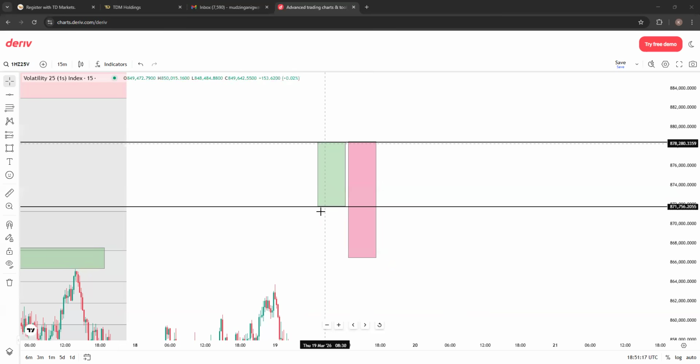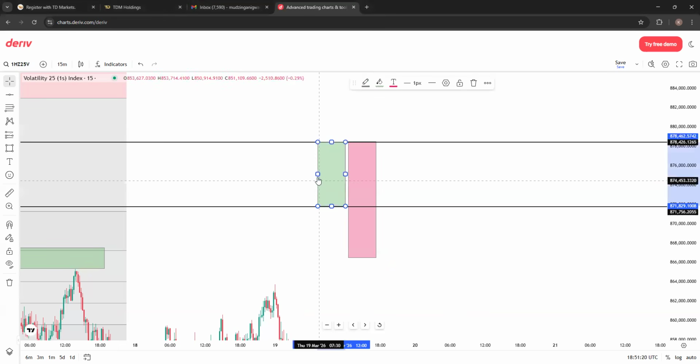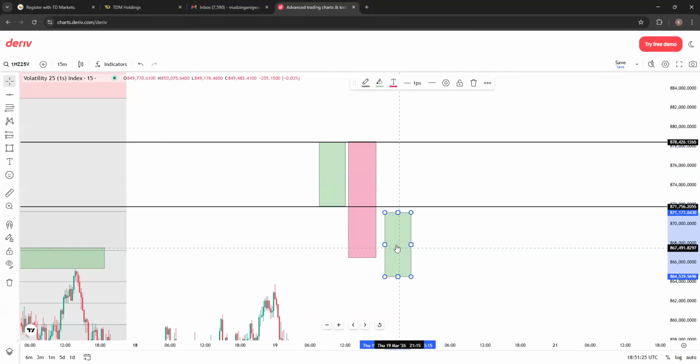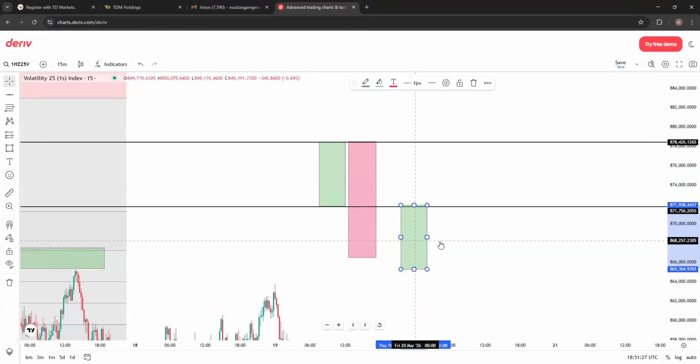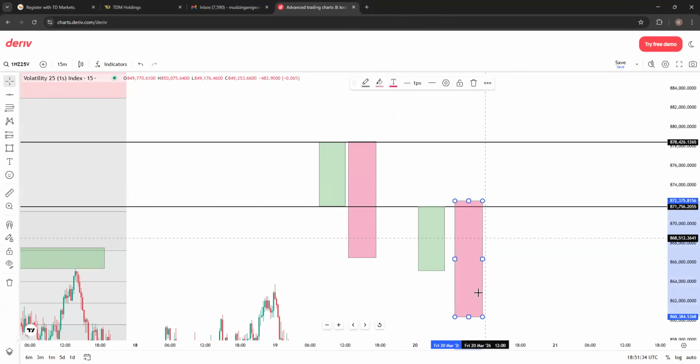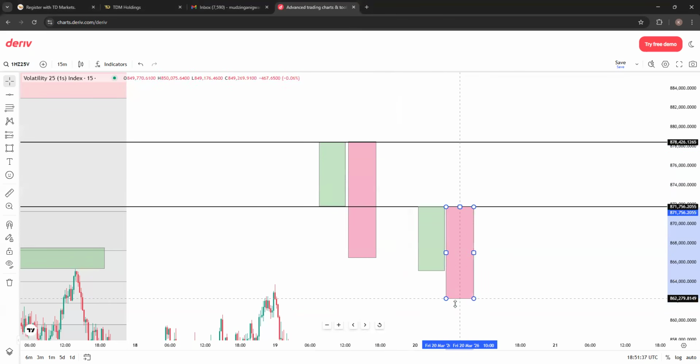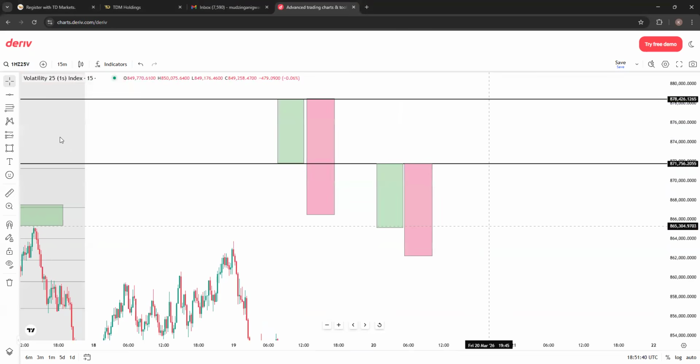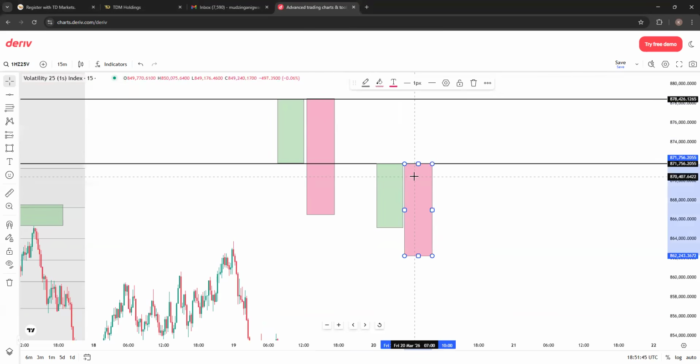You can have candles that can come and play like this. You can have a candle that can come and play like this, right? So they tap on your OB, and then next they give you a red candle, which is a sell candle. In this case, we're expecting it to sell, right? So when you get that sell candle, I expect to see another sell candle, right?